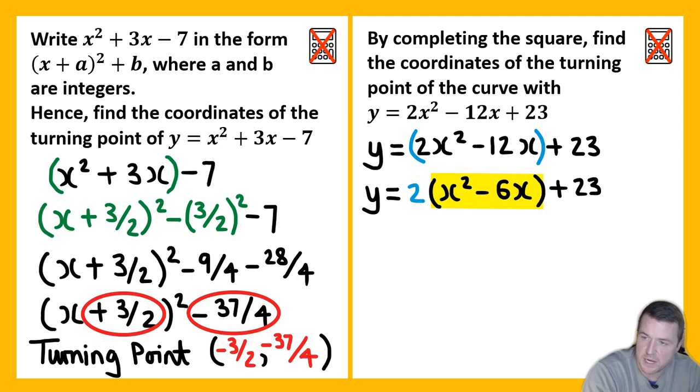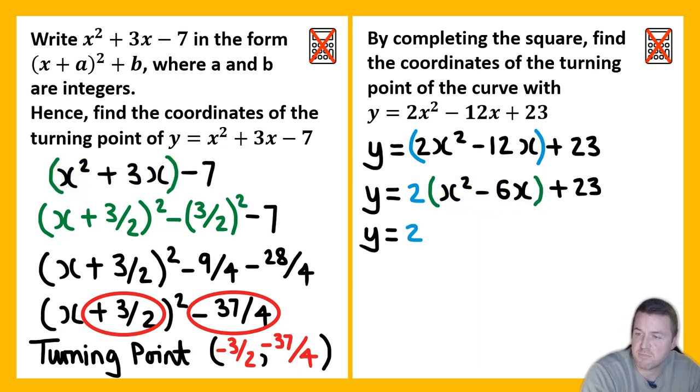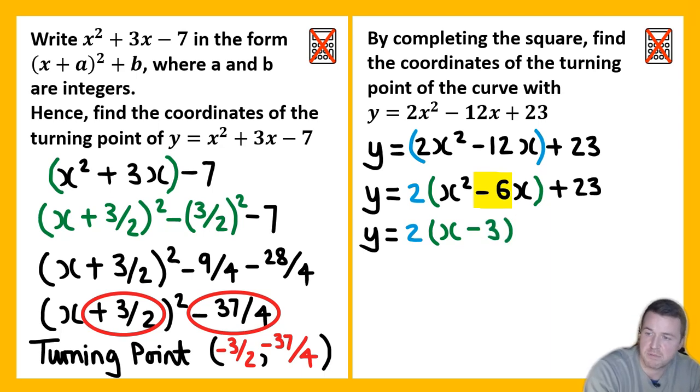Now I have x squared minus 6x in a very similar form to my previous questions, such as x squared plus 3x. So I can leave my factor of 2 outside and go ahead and complete the square in the same way as I have previously, where I have x minus half of the x coefficient, giving me a squared bracket of x minus 3.